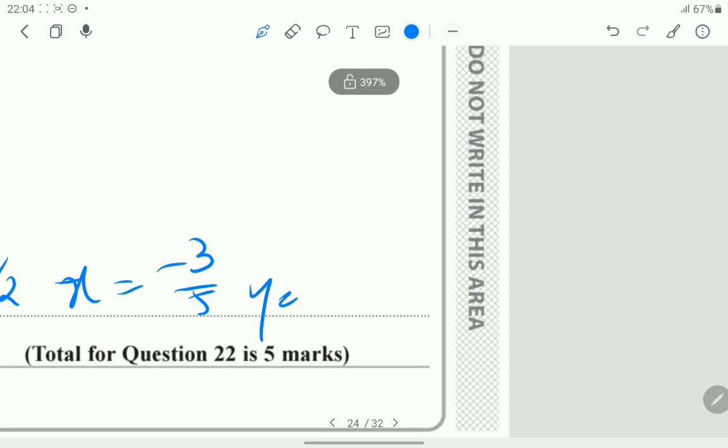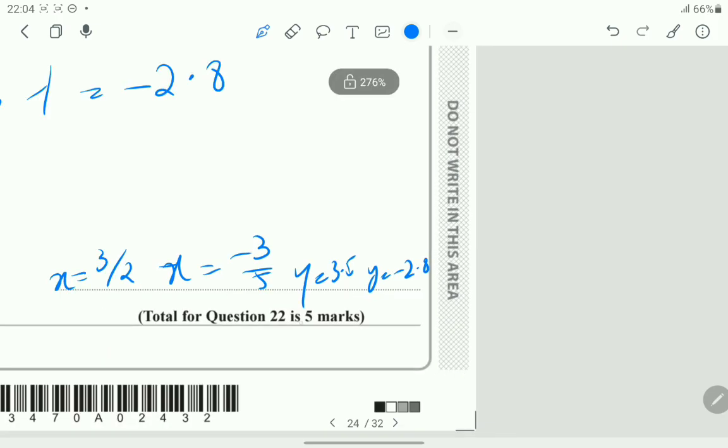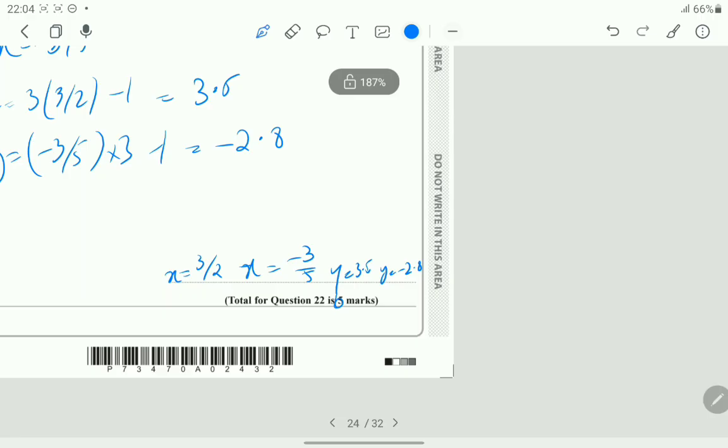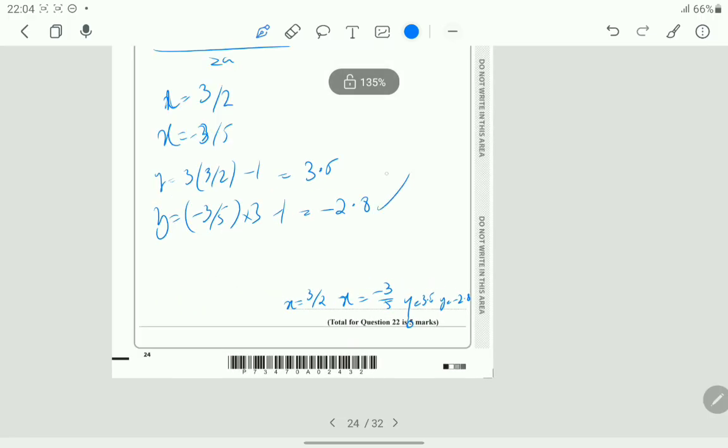Y is equal to 3.5 and y is equal to negative 2.8. You're all set. For consistency, I would suggest using fractions over here, but I used decimals, but it should be okay.